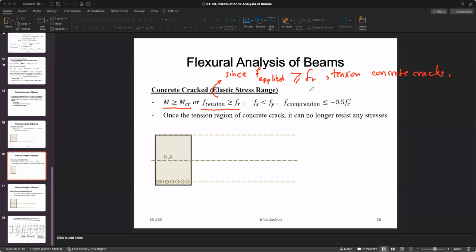All right. So the concrete in the tension region can no longer resist load.